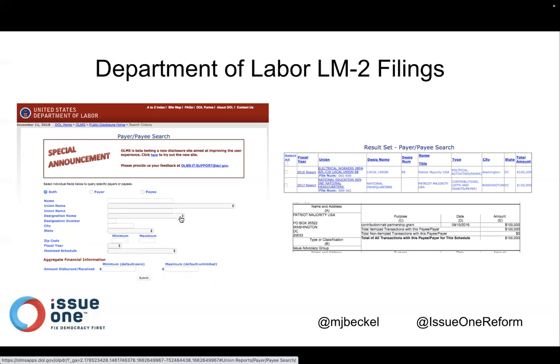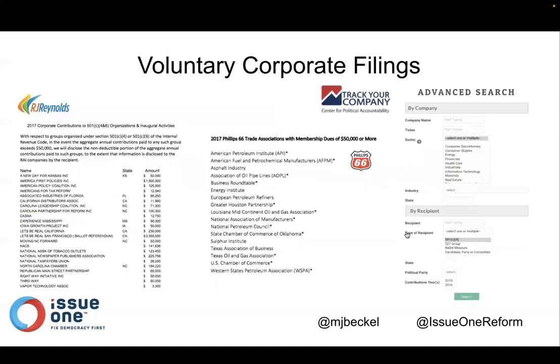And if you're lucky, you might come across an actual labor union donor to one of these dark money groups, or more than one labor union funding a dark money group that you're interested in. So here's an example where $100,000 was given by a labor union to a liberal dark money group called Patriot Majority USA.